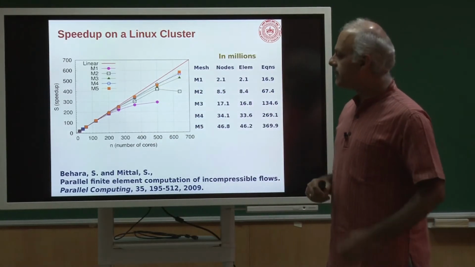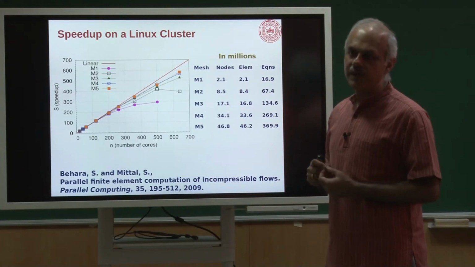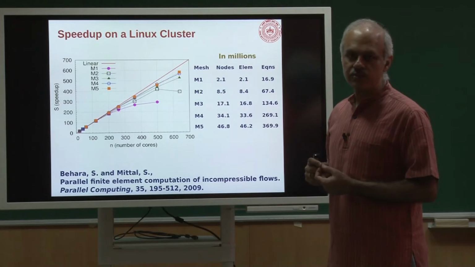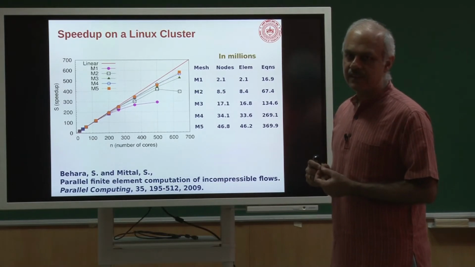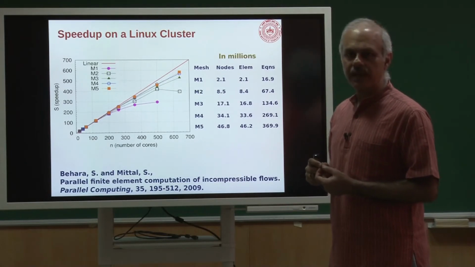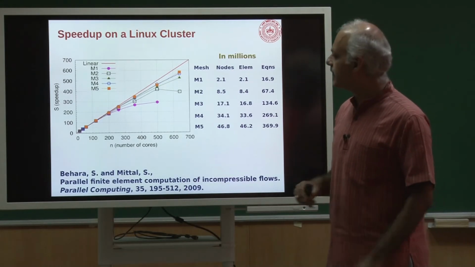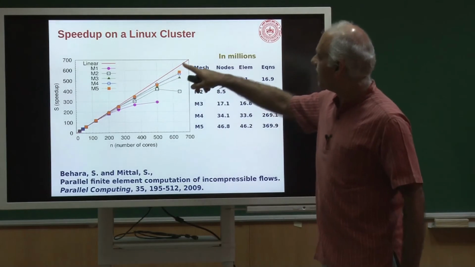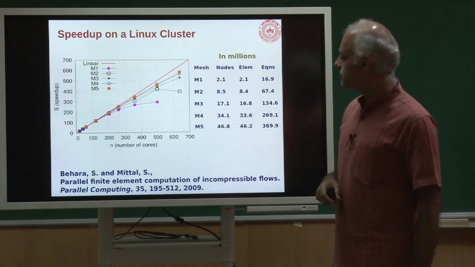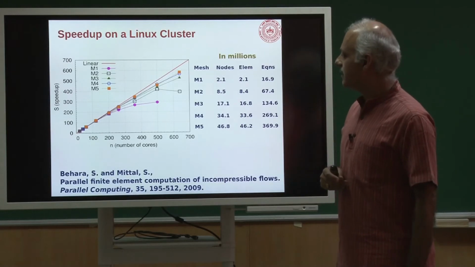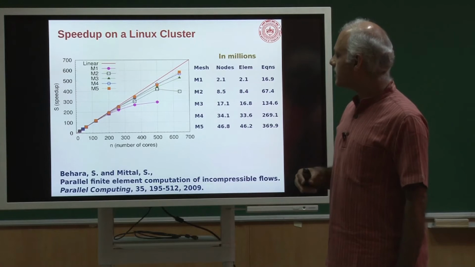Speed up means that if I am using one single processor versus n processors, then ideally my code should speed up by a factor of n. That is called the linear speed up, and that is denoted by this red line. Of course, there would be communication overheads, so I would very rarely achieve that. So, let us see what happens.